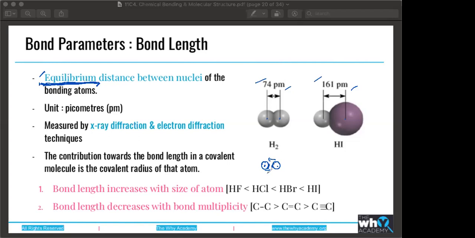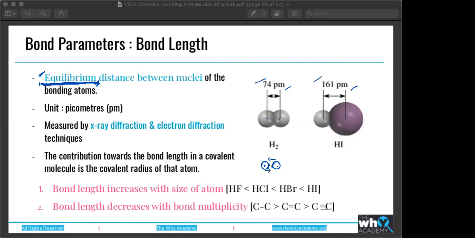If they come too close to each other, there is repulsion of electrons. If they're too far away from each other, there is no bond being formed. So there is one particular distance where all the forces are balanced and both atoms are happy keeping this distance between each other. So the attractive forces and the repulsive forces are at equilibrium with each other. That's why you call it the equilibrium distance between the nuclei of the bonding atoms.